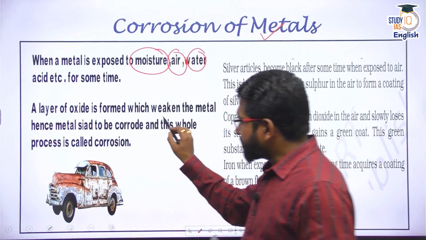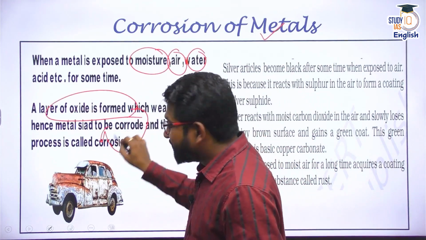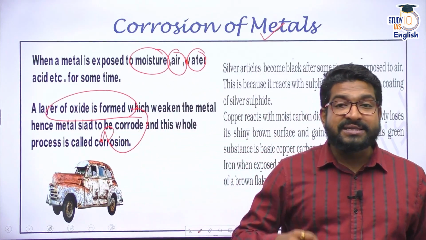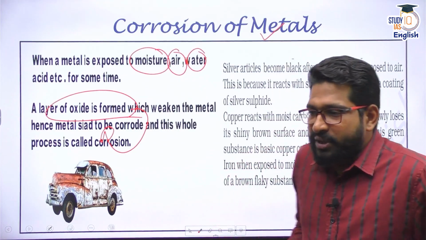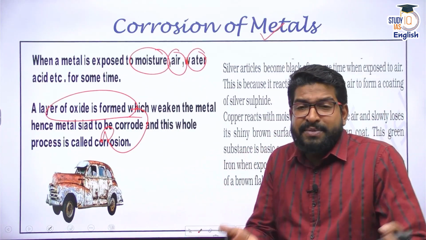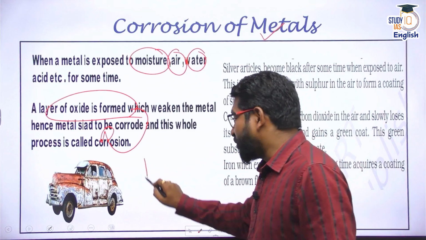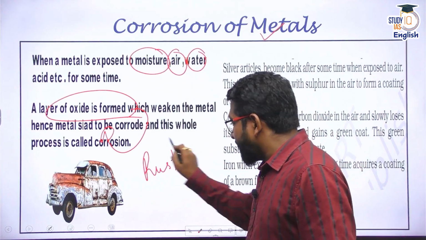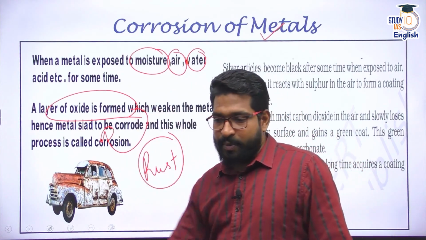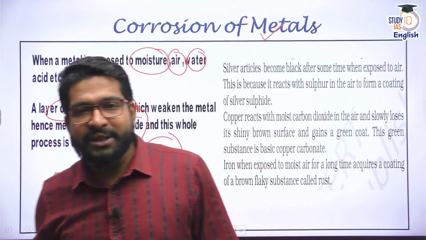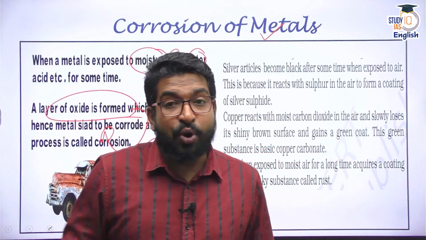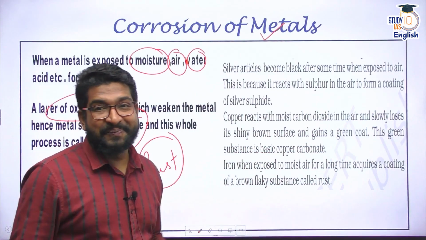A layer of oxide is formed over the metal, which ultimately weakens it. In our day-to-day life, we have seen many examples with iron. We have seen something called rust. So iron undergoes rusting. Iron oxide is formed, a reddish layer on the iron. It is also called the cancer of iron.